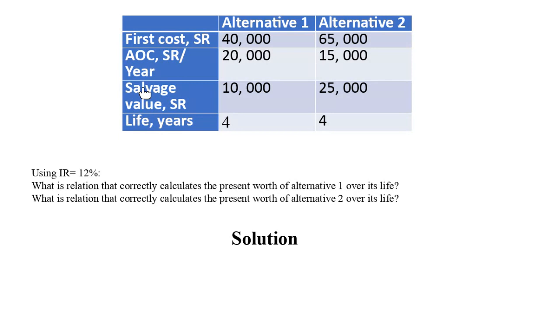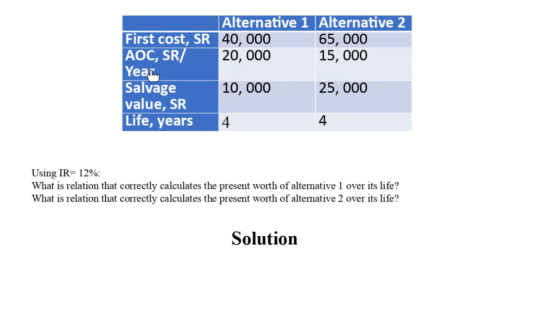Excuse me, doctor, but can the annual operating cost come in negative, so it becomes a profit? In that case, it will not be annual operating cost. A cost is a cost, so it is an outflow. But it could be annual revenue. Instead of annual operating cost, it can be annual revenue, so you have to read what is given here.